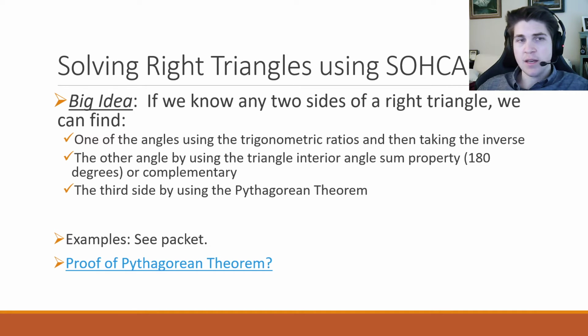But actually, in the slides, I have a link to, if you've ever wondered, the Pythagorean theorem, which is another theorem that is true for all right triangles: a squared plus b squared equals c squared, which we're going to be using also to help us solve these triangles. But if you've ever wondered, why is this true?